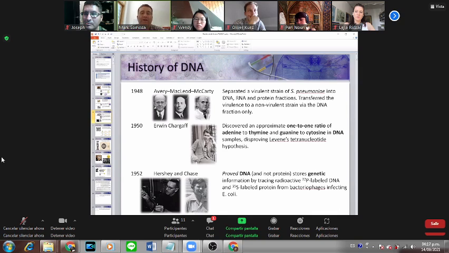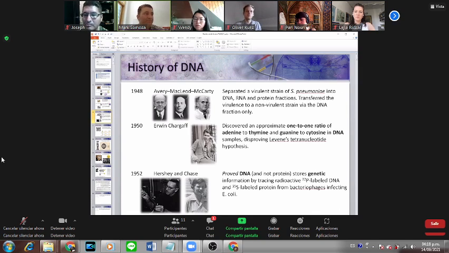Because in most organisms, humans included, it's pretty close to a 1-to-1 ratio of all four bases, but it's not exactly that. All species have a slightly different AT to GC ratio, close to 1-to-1, but not exactly.